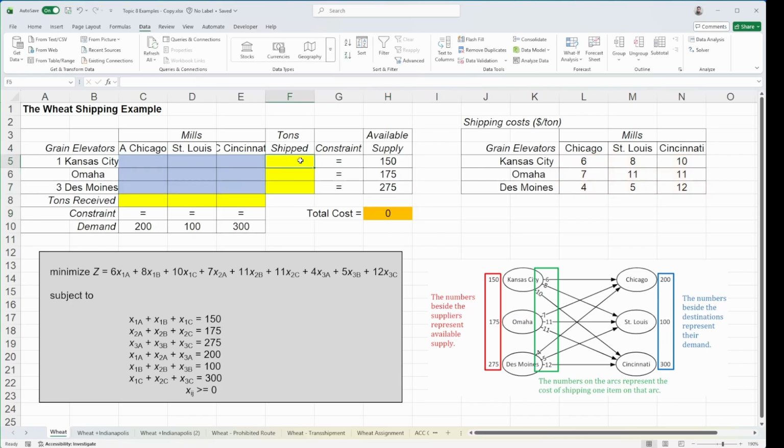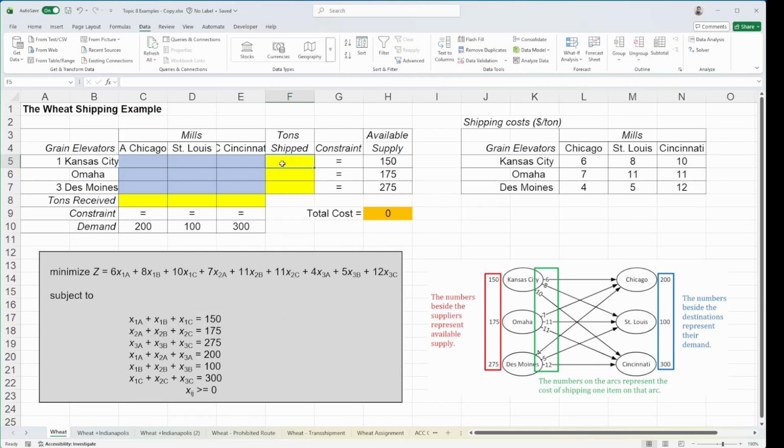Okay, and then let's look at the constraints. Again, there are 2 types of constraints for the suppliers and for the customers. But for both of them, as you can see, they're just the sum of some variables. So the 3 yellow cells in column F will be used to implement the left-hand side of the 3 supply constraints.